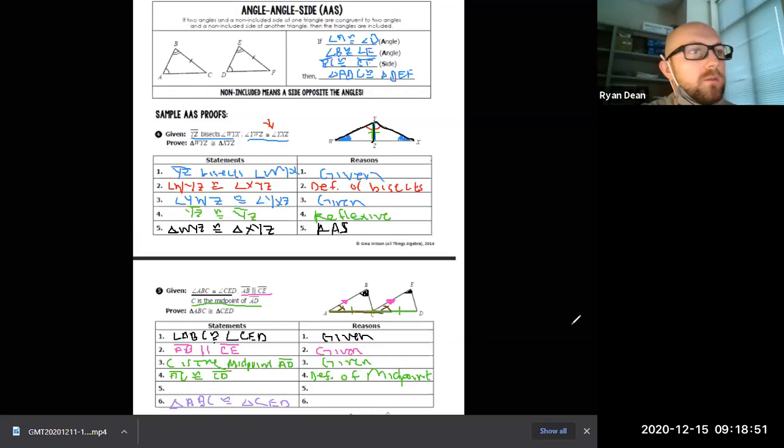Well, it's this green one down here at the bottom. So if I choose angle BAC here in brown and angle ECD in brown, how can I say that these two are congruent?